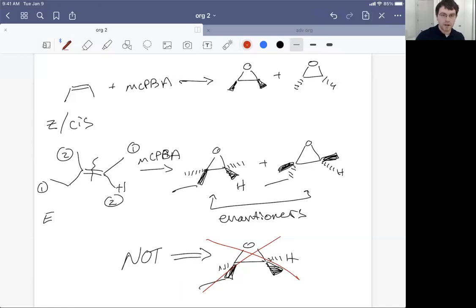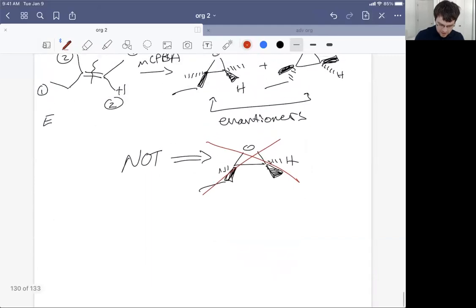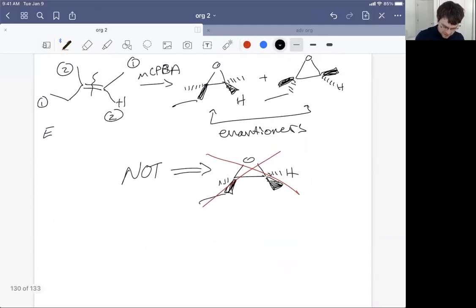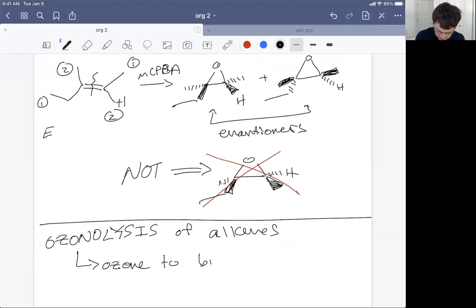Okay, the very last reaction of the module is one of my favorite reactions. It's a great one to end on. It's a fun puzzle. It's the ozonolysis of alkenes. So ozonolysis means ozone to break alkenes.